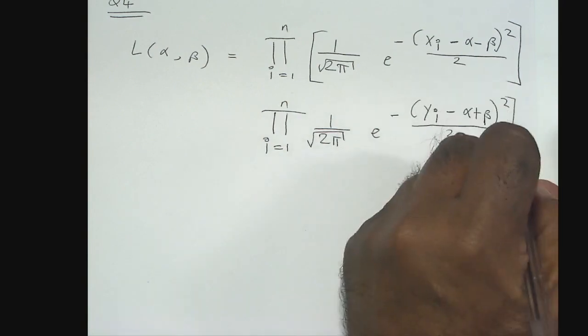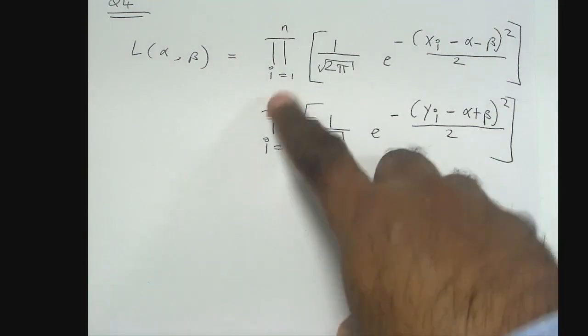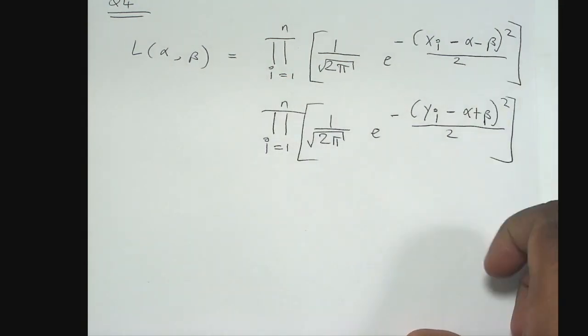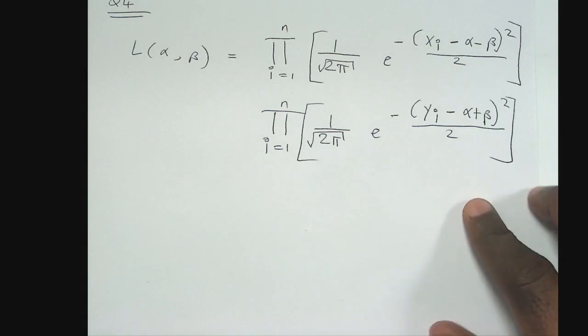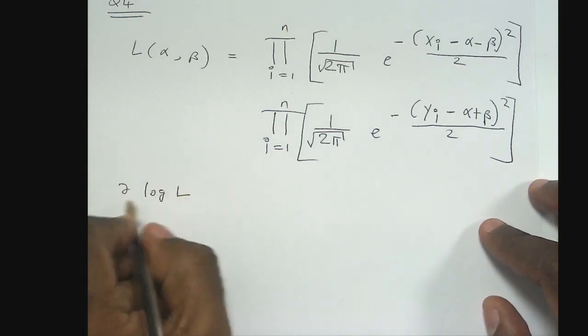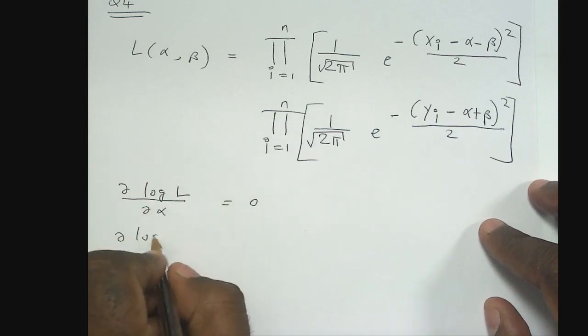This is the joint likelihood function for alpha and beta. So you see there are two products, because this is for the first sample x1 to xn, and this is for the second sample y1 to yn. The next step is to take the log of the likelihood and then take the partial derivatives with respect to alpha and with respect to beta.